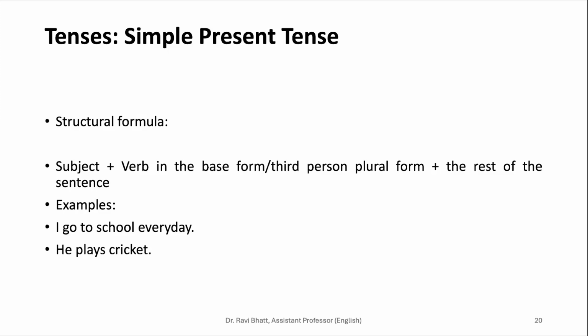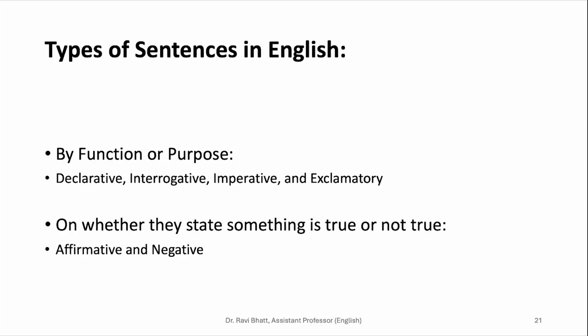For example, you must very well know that there are these types of sentences in English, and the division on the basis of function or purpose would be declarative, interrogative, imperative, and exclamatory, and on whether they state something that is true or not true, we have an affirmative sentence and a negative sentence.